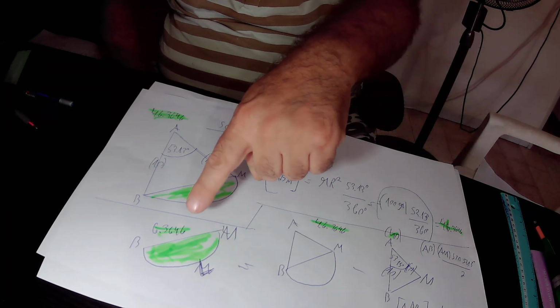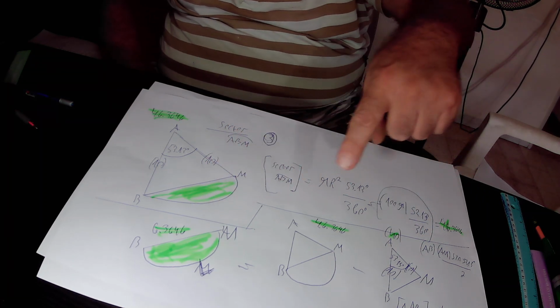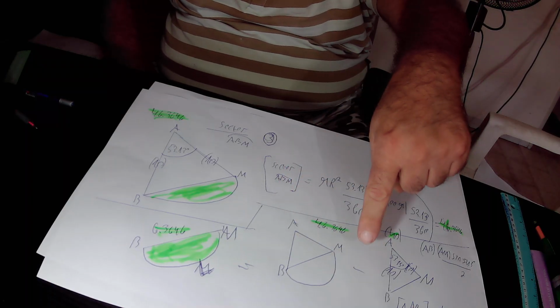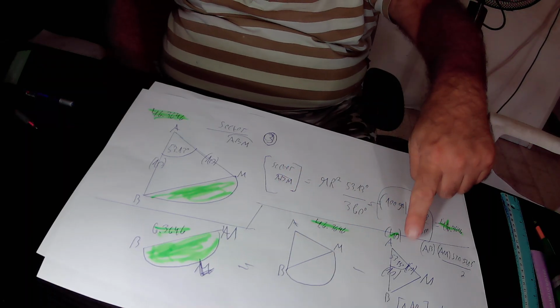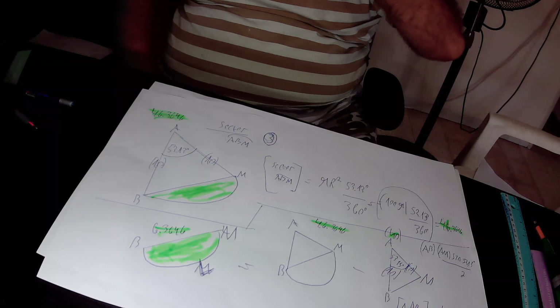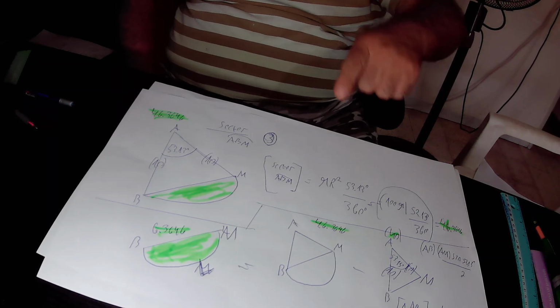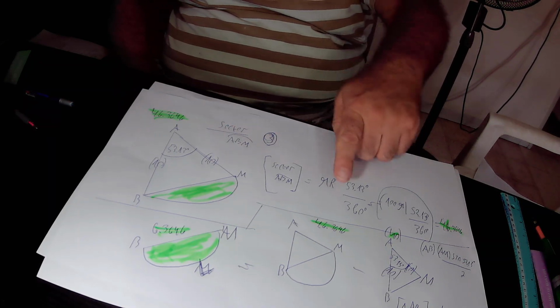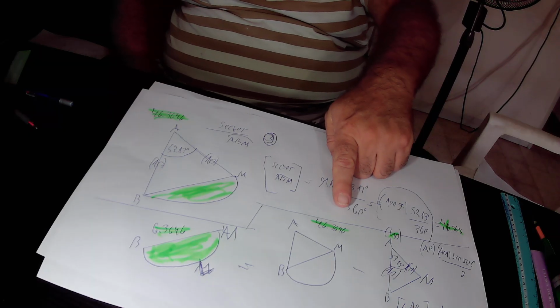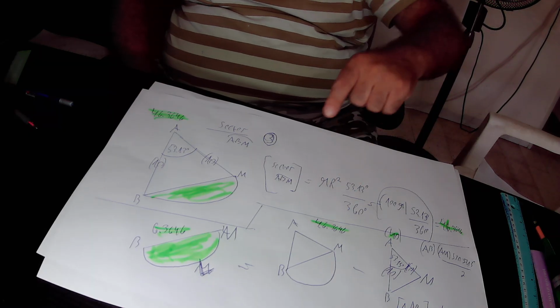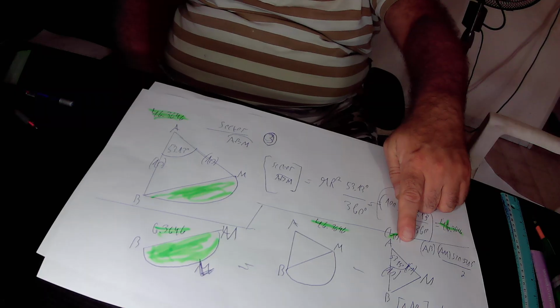Again, the green segment BLM equals the area of the big sector ABM minus the area of triangle ABM. So we already found out that the area of sector ABM equals 46.3646 square units in size, minus the area of this triangle ABM.